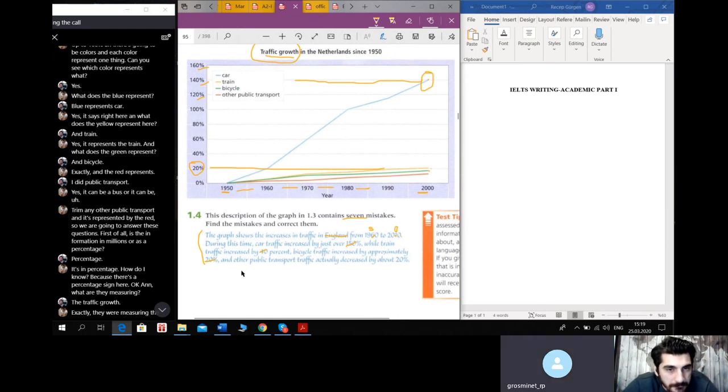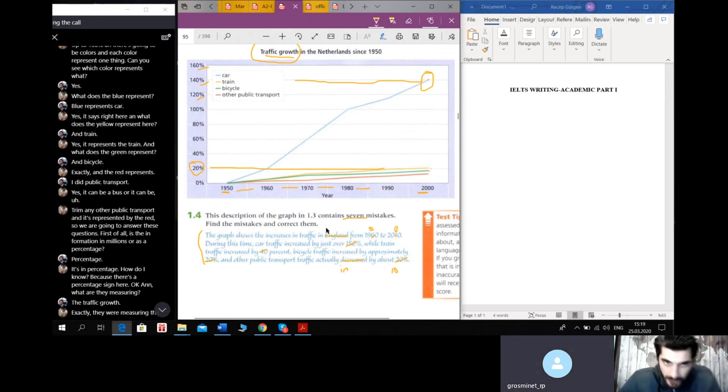And other public transport traffic actually decreased by about 20%. No, it is not decreased. It increased, but it's not decreased, so we should use the word in instead of be. Yes. And what about the percentage? Like 10%. Exactly, like approximately 10%.